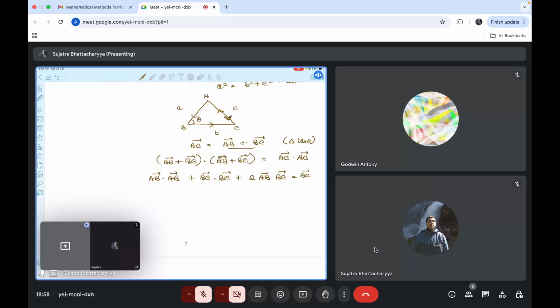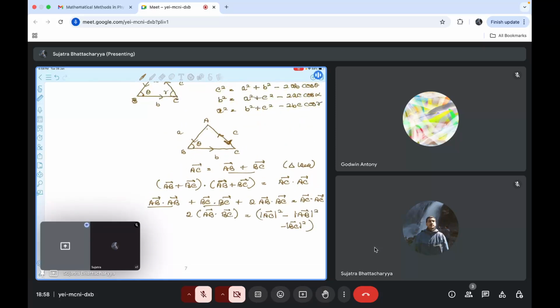Right hand side, AC dot AC, no change. Now, let us keep 2AB dot BC on the left hand side, and AC dot AC can be written as mod AC square. Similarly, AB dot AB will go to the right hand side as minus mod AB square, and BC dot BC will also go as minus mod BC square. It will come like this.